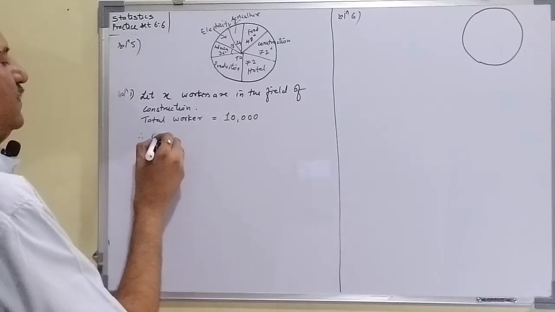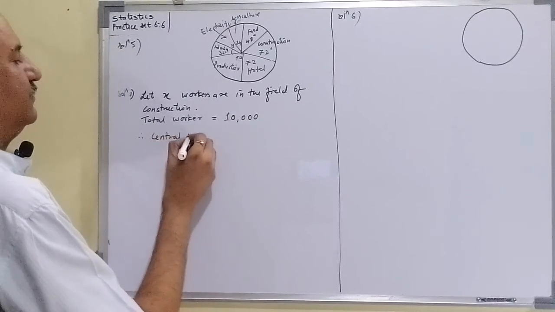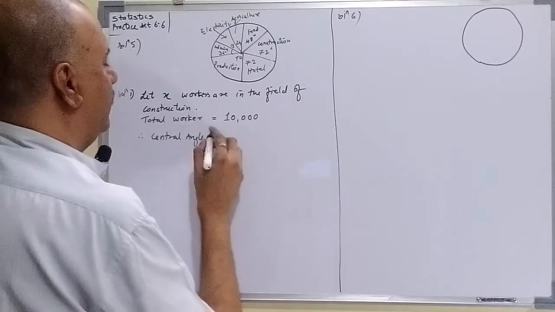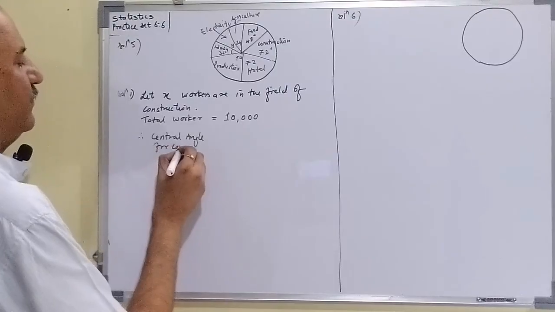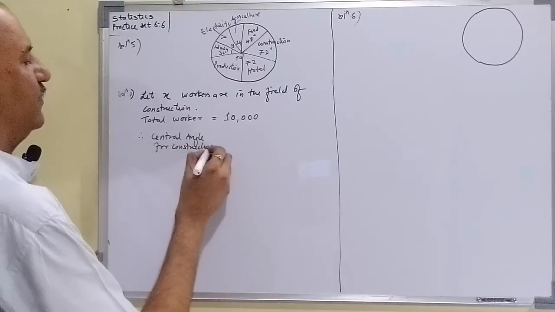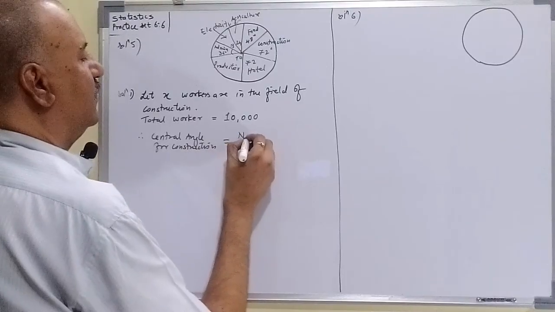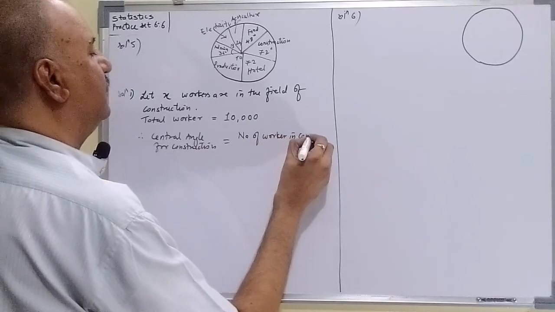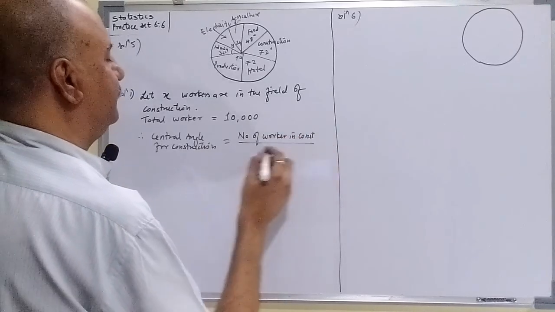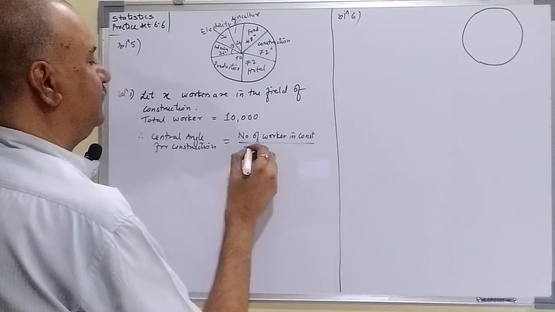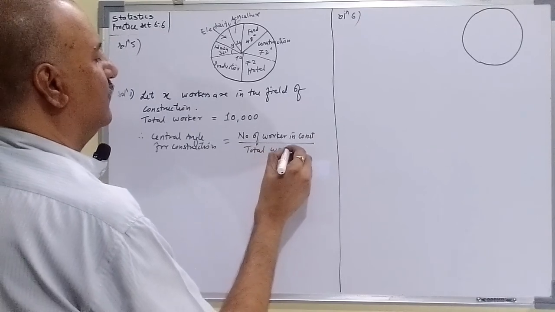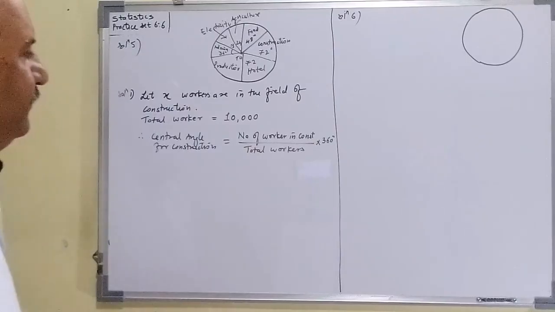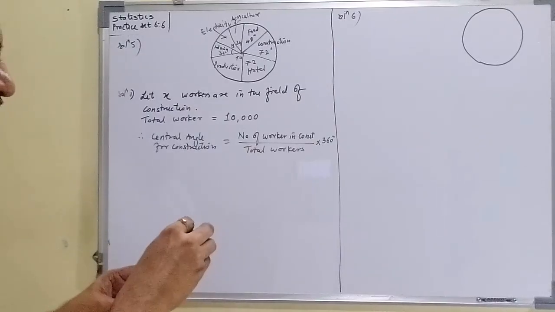Therefore, central angle, this is central angle for construction, will be number of workers in construction upon total workers into 360. Okay, so number of workers in construction कितना दिया है?